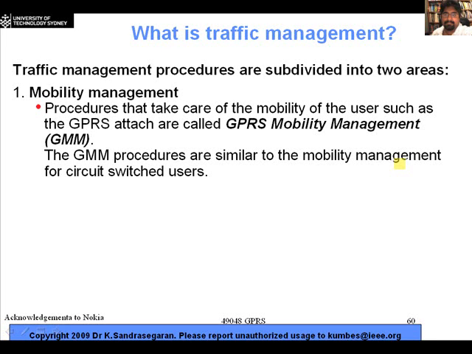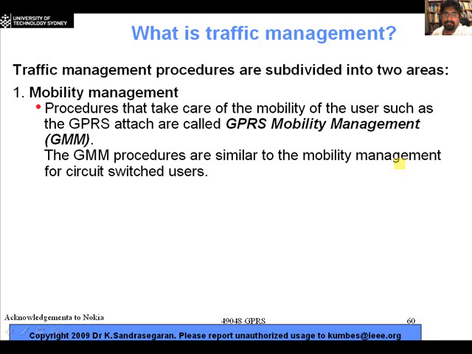So the solution to that was, in GSM, you had this idea of a location area, which is a group of cells. Whenever you stay within that group of cells, you don't have to do an update of your location, because if the network knows the location area where you're located, it will only page in those cells that form that location area.